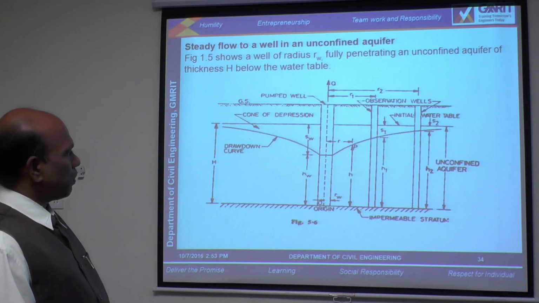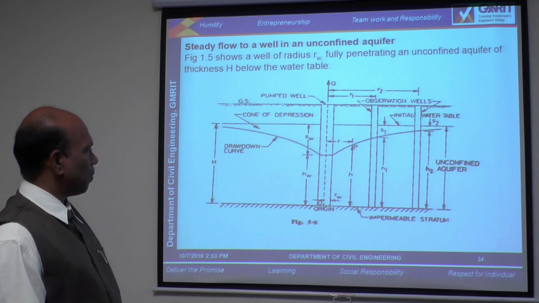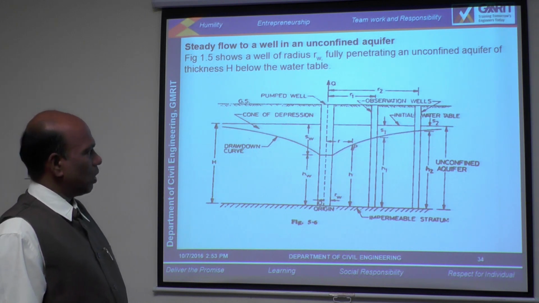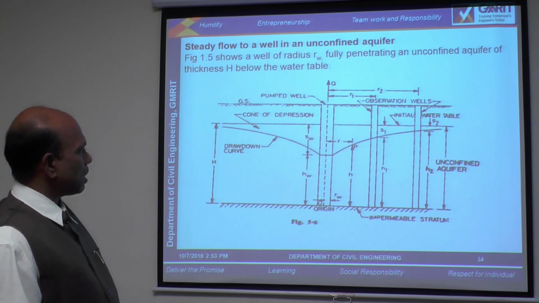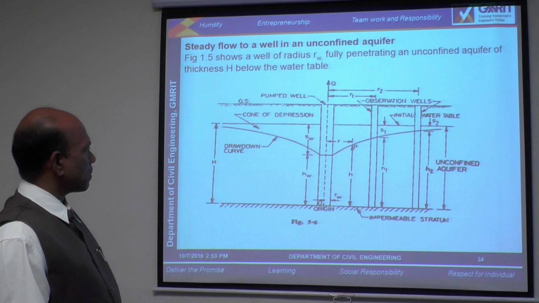For the derivation of the equation for the rate of flow, we are also taking two observation wells. This is one observation well, and this is the other observation well, both taken very near the main well. In this observation well, because pumping is continued in the main well, the water level drops from this point to this point.